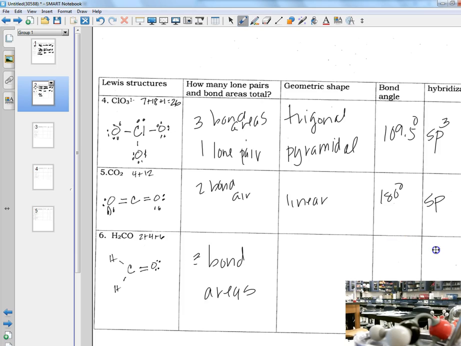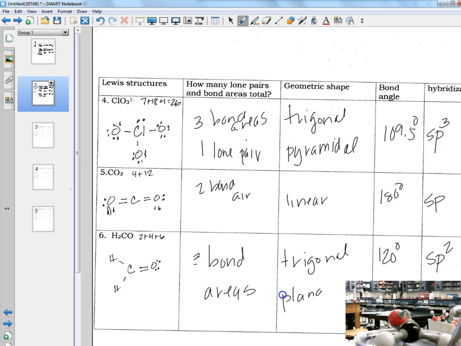So again, we are not using all the s and all the p's, we're only using 2 p's. So we say this is sp2. If you look, our bond angle is at 120 degrees. And the shape is still trigonal, but now it's a plane, so it's trigonal planar.